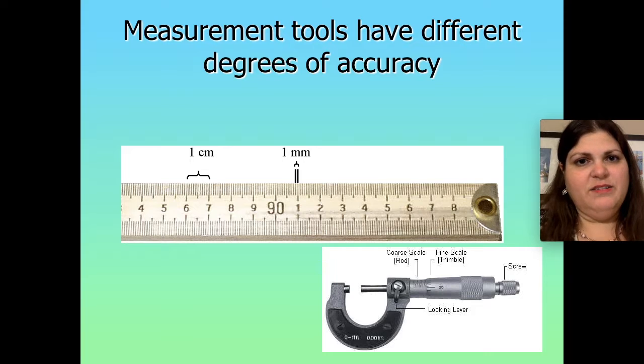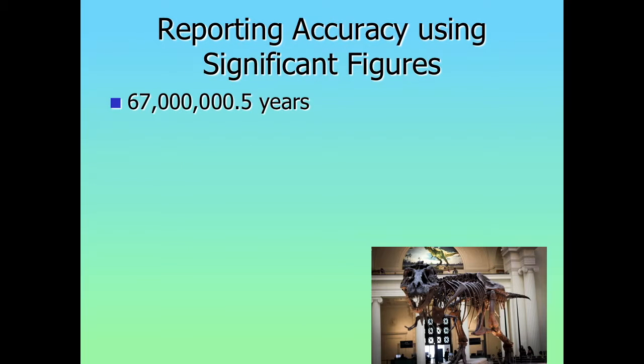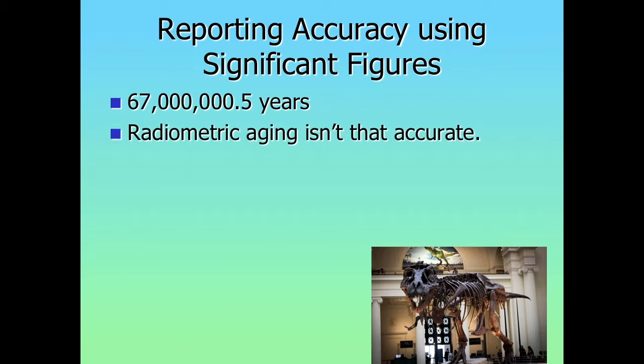So in this dinosaur example, we're limited by our ability to radioactively date fossils. When the docent reported 67 million point 5 years, she was implying that our aging of the fossil was accurate to the fraction of a year. In reality, radiometric aging isn't that accurate. We can get more accurate than 67, but it's not to the portion of a year.